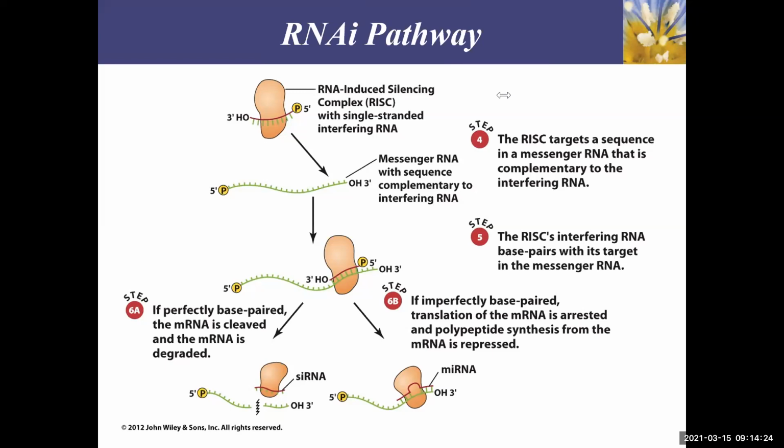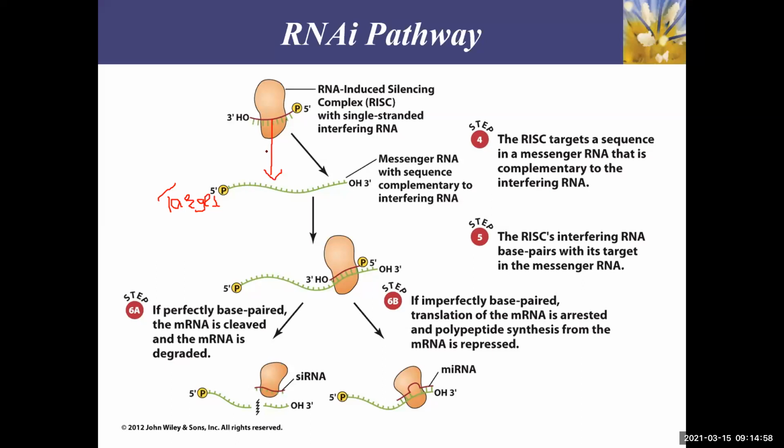So this is my target mRNA, which I want to get rid of in my cell. This RISC complex is now a shooter. It's ready with the microRNA or the siRNA. So it binds to this target RNA, and the sequence on this siRNA or miRNA is exactly complementary to this one.